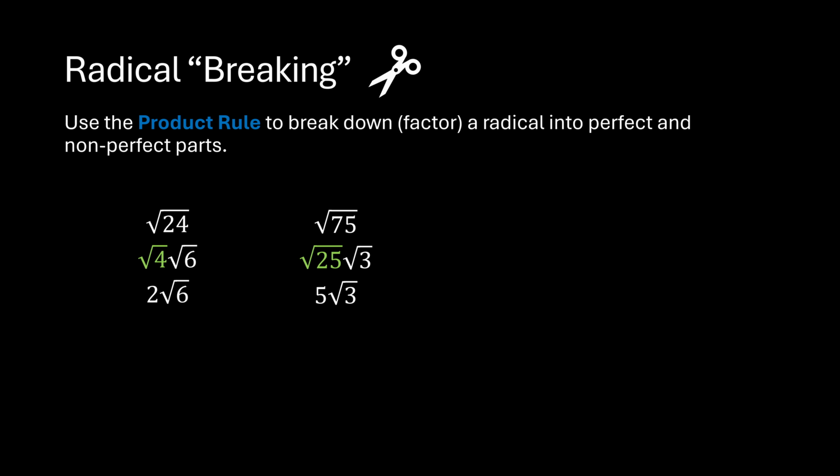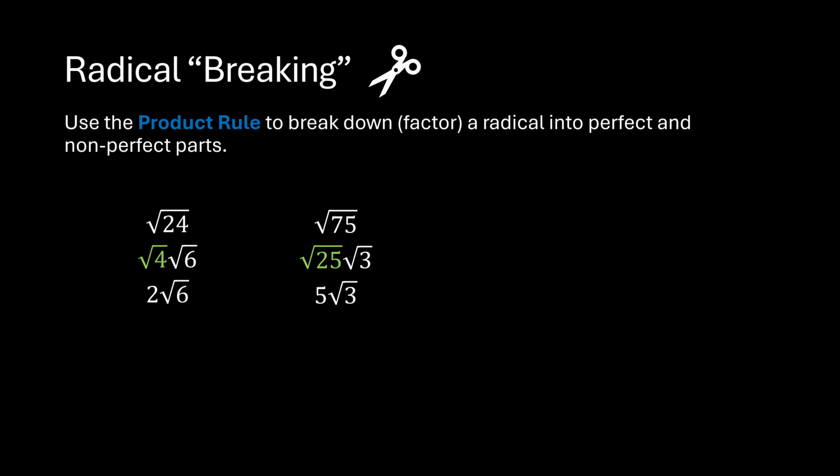The same thing works with square root 75. 25 times 3 is 75. So we split root 75 into root 25 and root 3. But now root 25 is 5, and 5 times root 3 is equal to root 75.